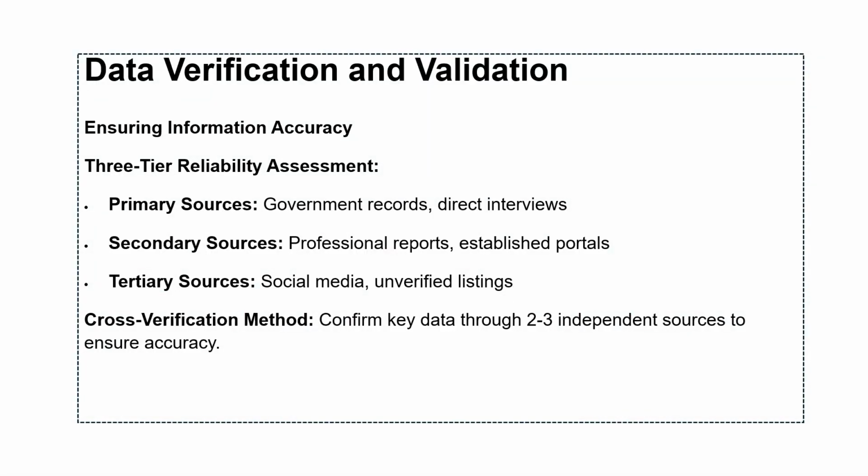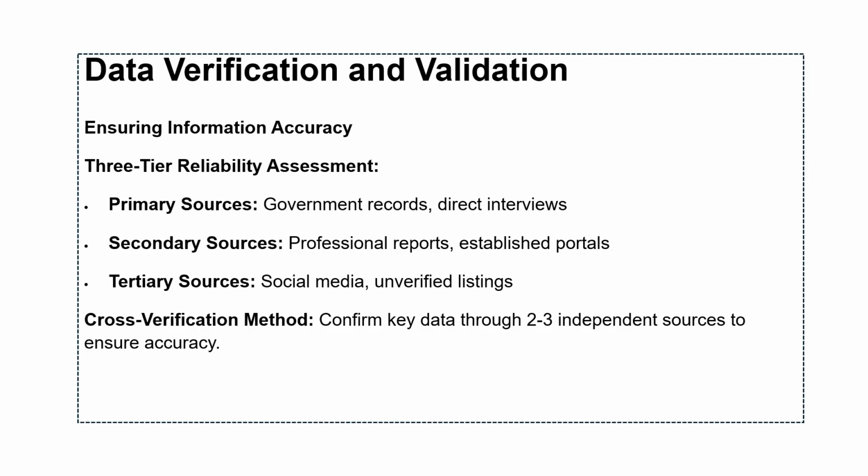Then data verification and validation. Whether the data is of a particular level of quality or not, or whether it is valid or not, we have to do the verification for that. We have to ensure information accuracy, that the information is accurate and reliable. Primary source is of course government records, direct interviews.